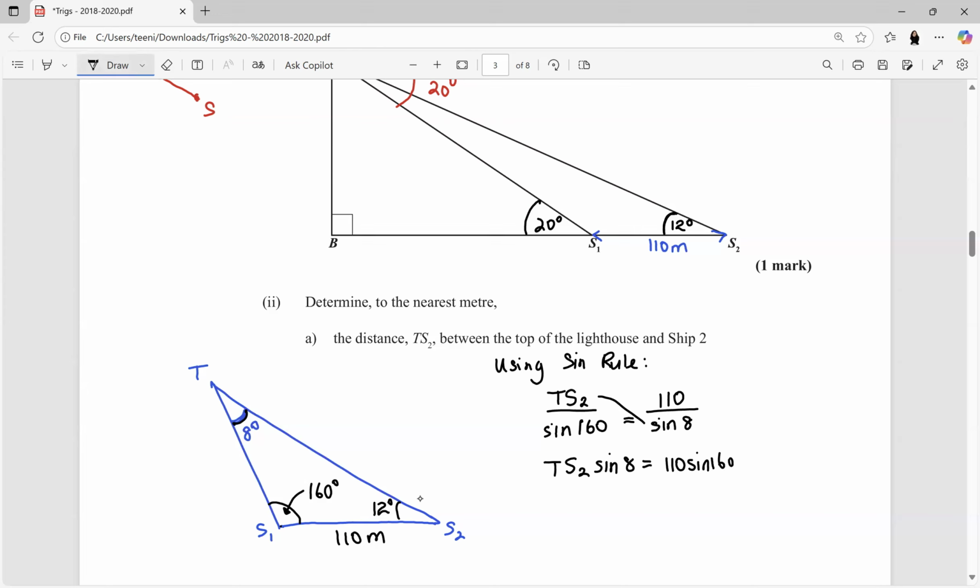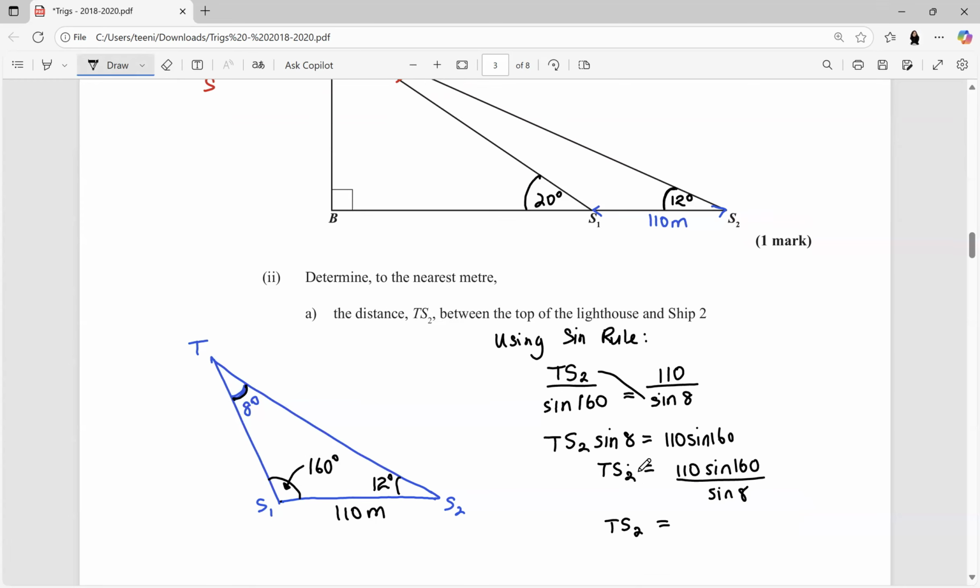So then TS2 is equal to 110 sine of 160 divided by sine of 8. So TS2 is equal to, the second answer. Yeah, what you got? Tell me. I got 2.439639888.